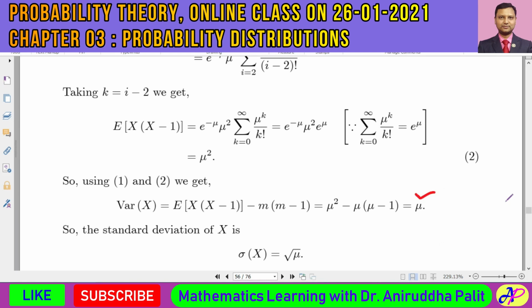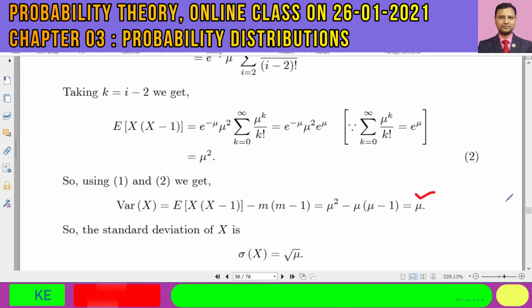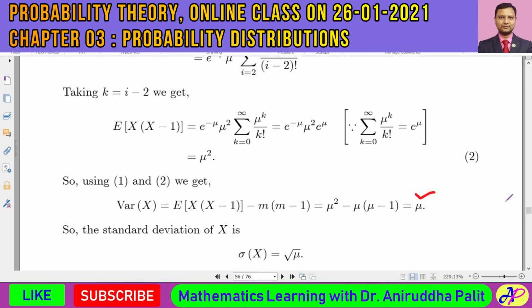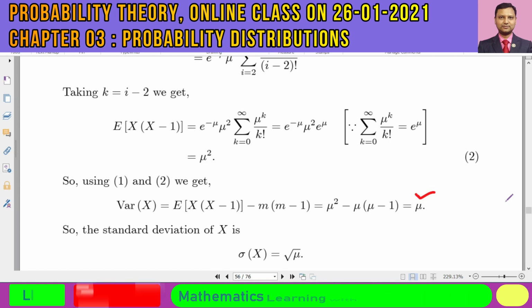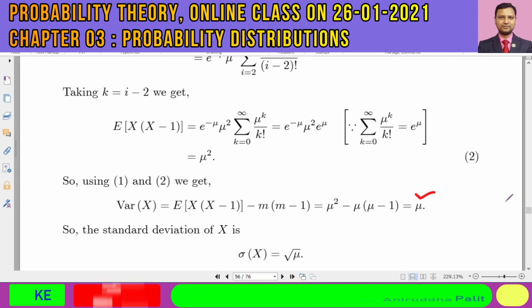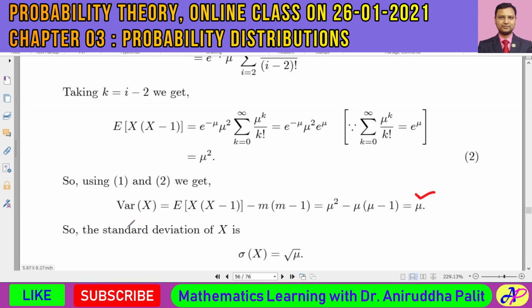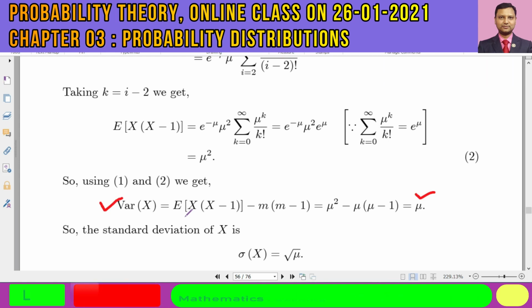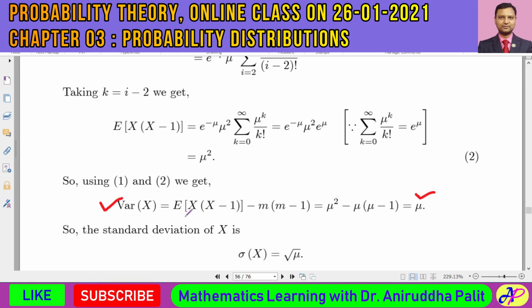You see, we proved in the previous lecture that mu was equal to the mean, or m, the mean value of the Poisson variate. So mu over here has another interpretation. We find that this mu can also be written as the variance of a Poisson distributed random variable x. So mu, this parameter of the Poisson distribution, has two different interpretations.